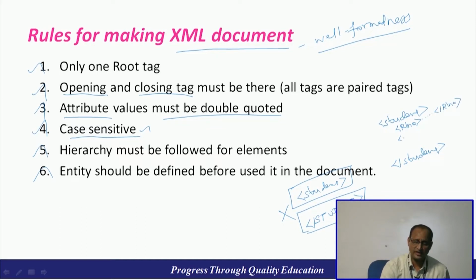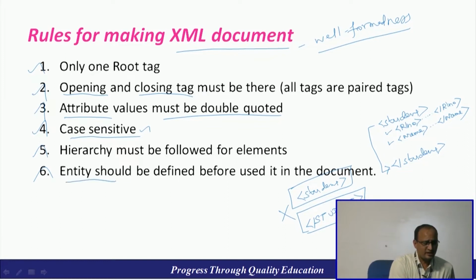After that, I am creating a name element and I am giving some text, and this is name. Here you can see the first child, second child are closed first, then only the parent has been closed. This is the closing tag of the parent element. Okay. So, this is the way we have to follow hierarchy.